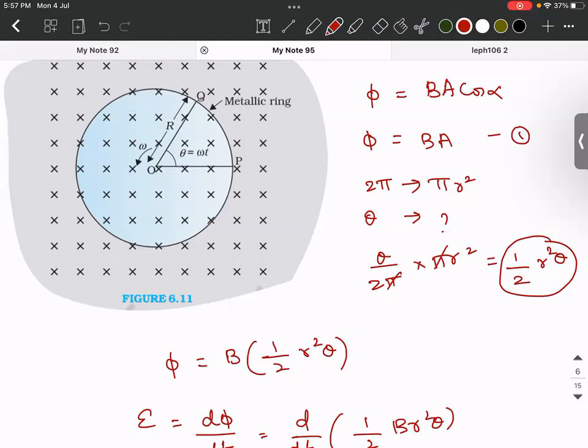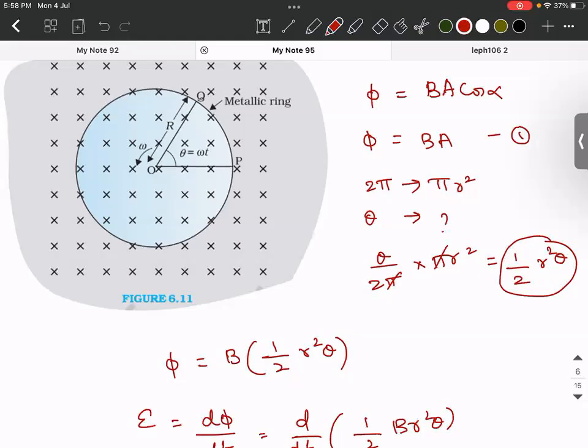Those who are online, I hope you understood. Yes, sir. Okay. So this is all about motional EMF as well. The next concept that we are supposed to see is called inductance, where we'll see self-inductance and mutual inductance. So for today, we'll stop with this.